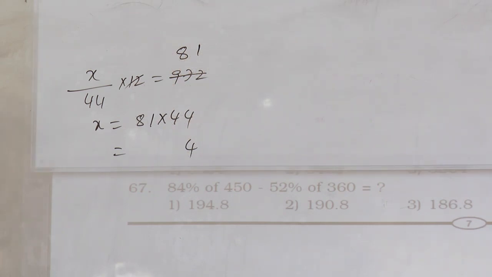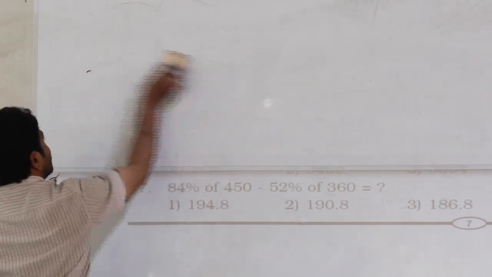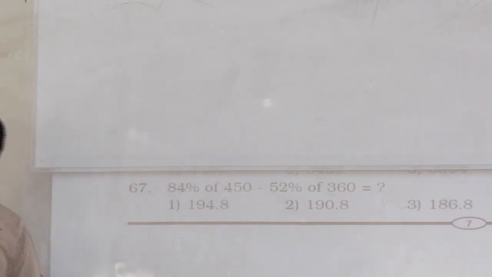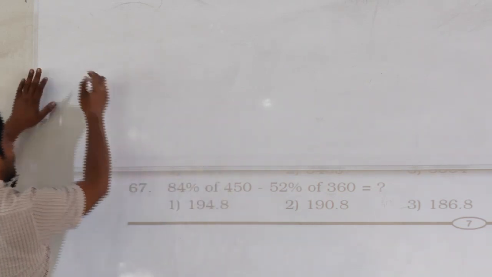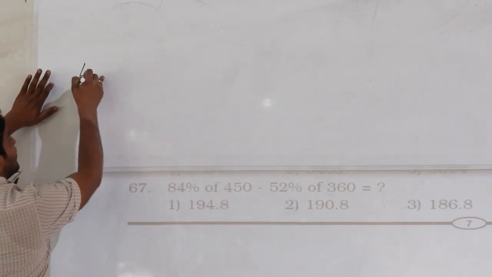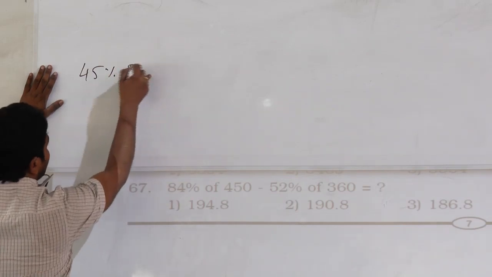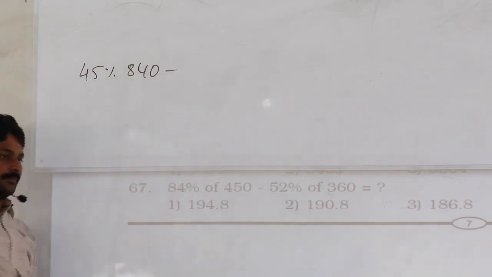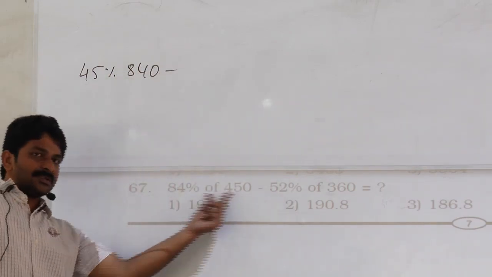Next, 67. 84% of 450 and 52% of 360. You're asked about the difference. 84% of 450, can I treat this number as 45% of 840? A percent of B or B percent of A?